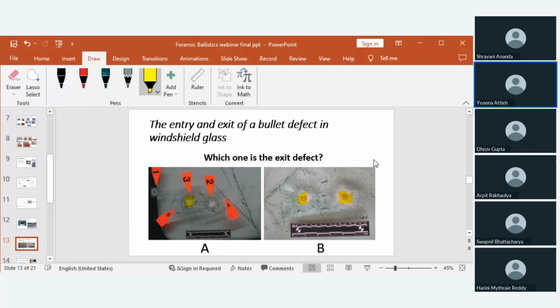Please take a moment and look at these two photos. What do you think? Which one has a larger coning effect? Open your mic and answer. I cannot see the chat box.